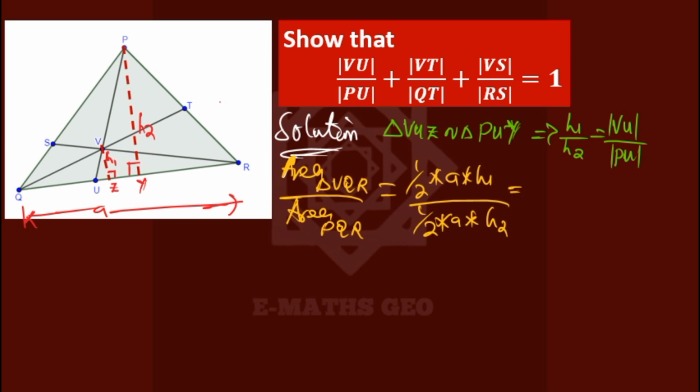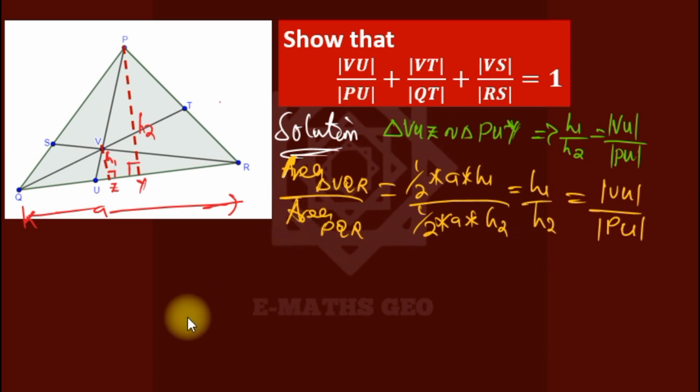So this is equal to H1 over H2. And we've gotten that H1 over H2 is the same as VU over PU. So using this combined theorem, we can solve this, because we have VU over PU.